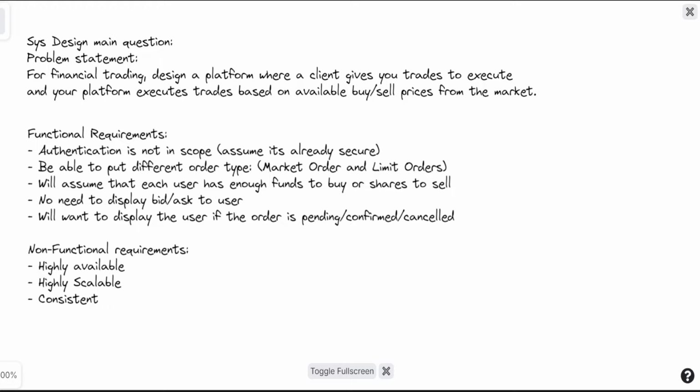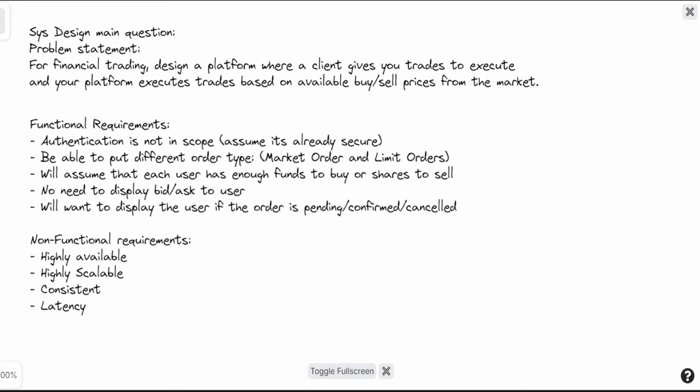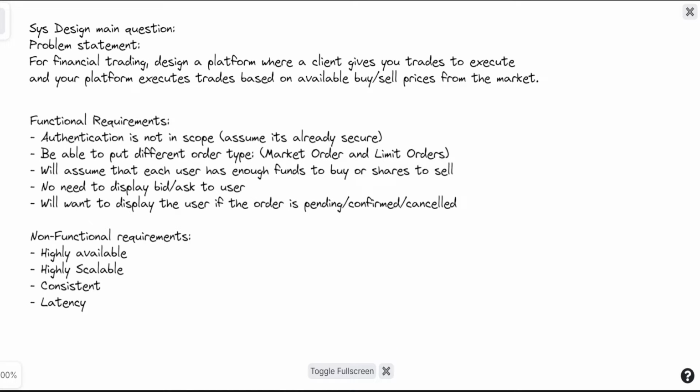I think we also want a good latency, but maybe not like high frequency traders, who really require low latency. I don't think we have to go that far. For Robinhood, I'm pretty sure the latency is not great when they're putting a market order.